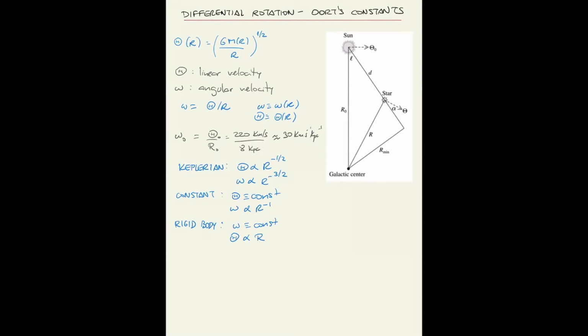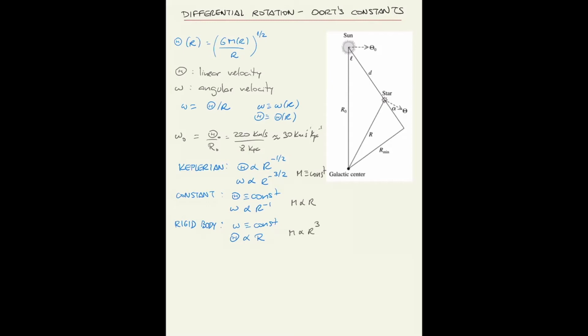You can convert this to how mass is proportional to the radius. For the Keplerian case, the mass is constant. For the constant orbital speed, the mass is proportional to the radius, and for the rigid body, the mass is proportional to r cubed. So if the disk of our galaxy was in rigid body rotation, then stars would have the same orbital period regardless of distance from the galactic center.